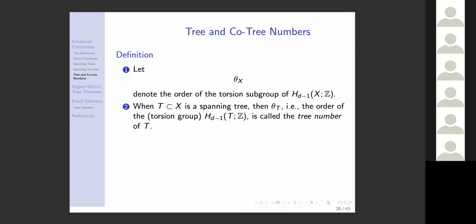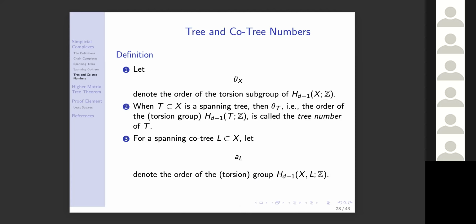It turns out to be entirely torsion. There's no free part of it. So we could just take the order of the entire group, and that's called the tree number of T. It's the order of the top dimensional homology with integer coefficients.